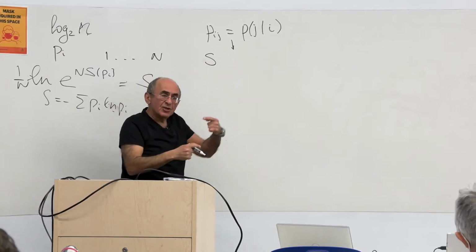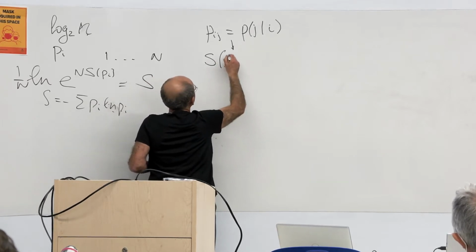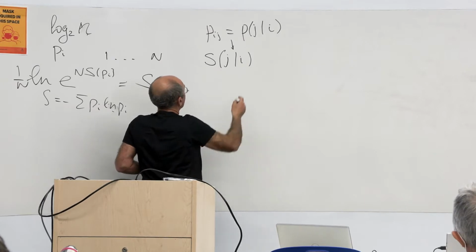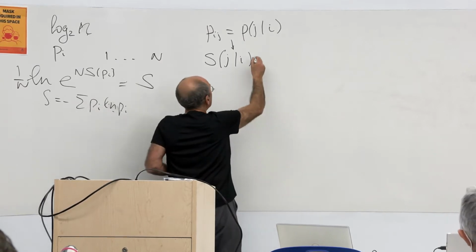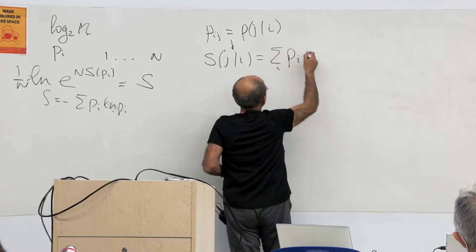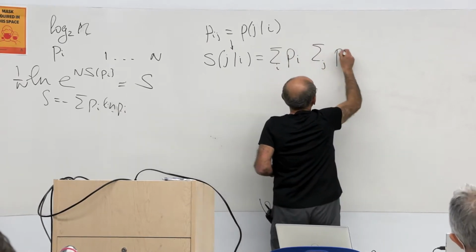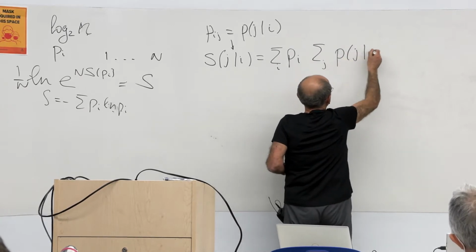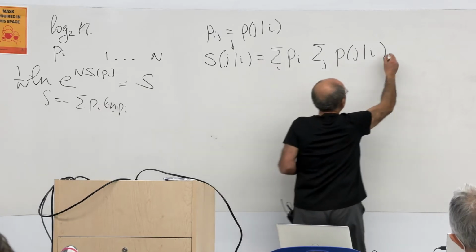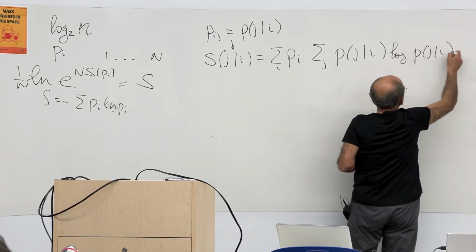That is how much the next letter brings us, and we call it S of j given i, but it actually does not depend on specific values. It's a sum over all i's of p_i, and a sum over all j's of p of j under condition of i, and log p of j under condition of i.